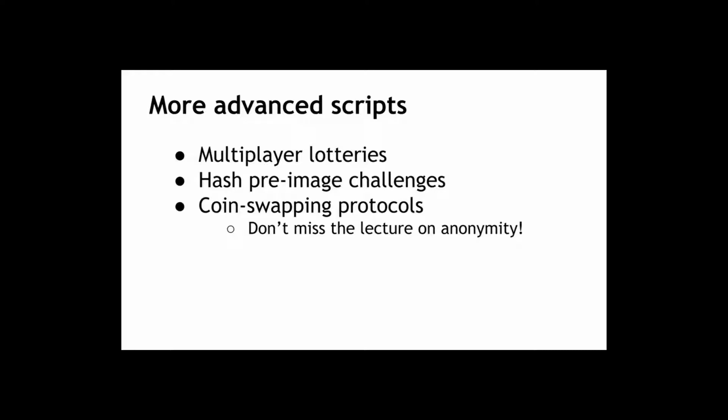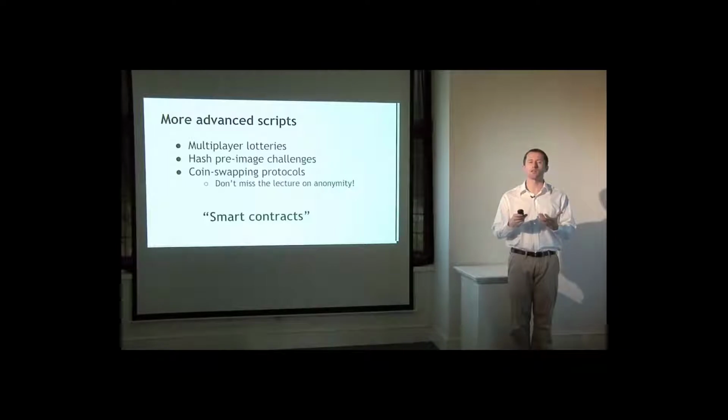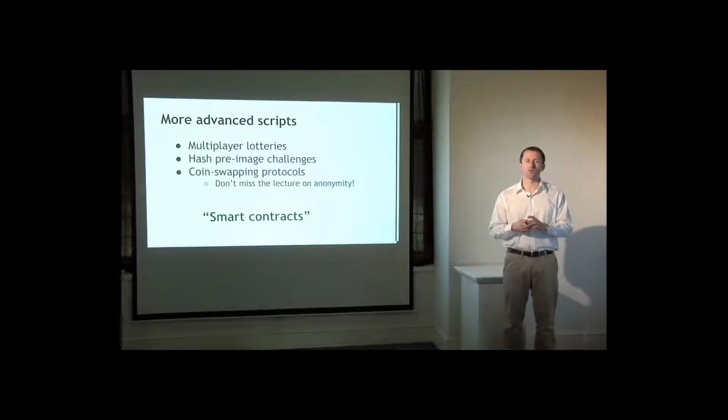Now, the whole field of smart contracts goes quite deep. There's a lot more smart contracts people would like to apply, a lot of which you unfortunately can't build with the Bitcoin script today. So the Bitcoin script is fairly limited in the types of things that you can address. There's a lot of smart contracts people wish they could build that either are impossible or nobody has come up with a way to do it yet. But you can do quite a few interesting smart contracts with the Bitcoin script.